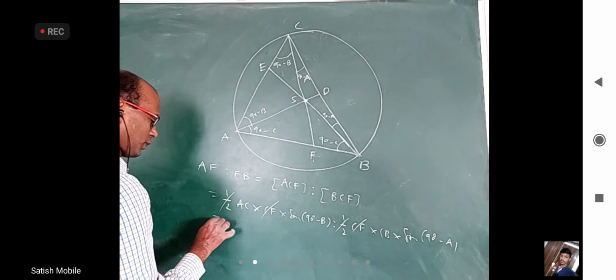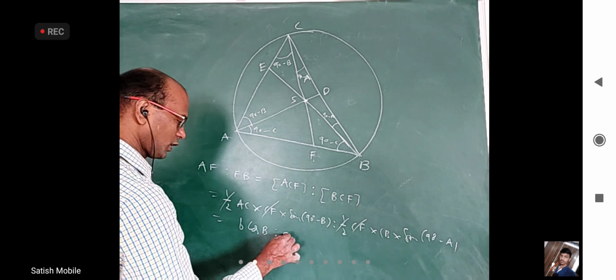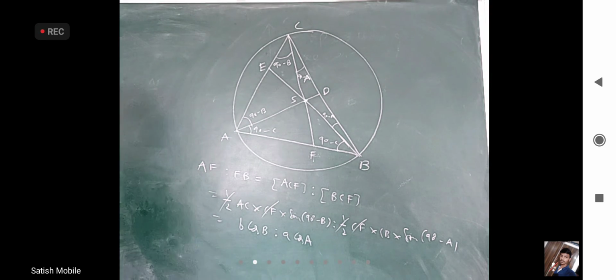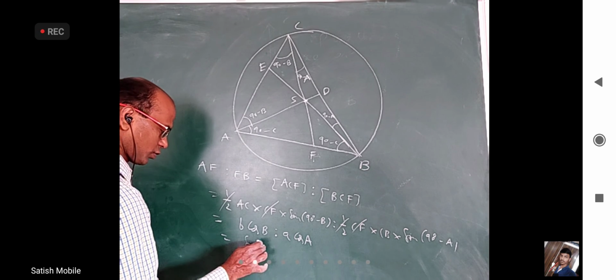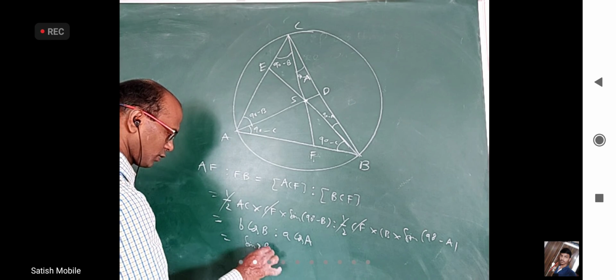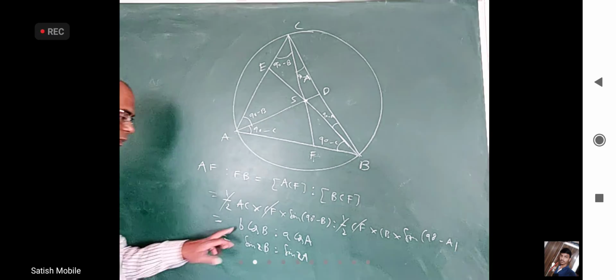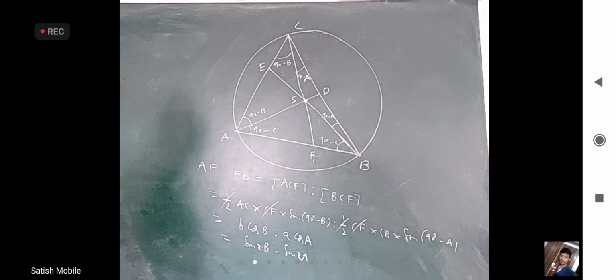So I am getting basically B cos B is to A cos A. It can also be written as sine 2B is to sine 2A also. Because these two are sine B, these 2 are sine A, cancel R, we will get sine 2B is to sine 2A. I am sure sine 2B is to sine 2A also can be found in some other way also.